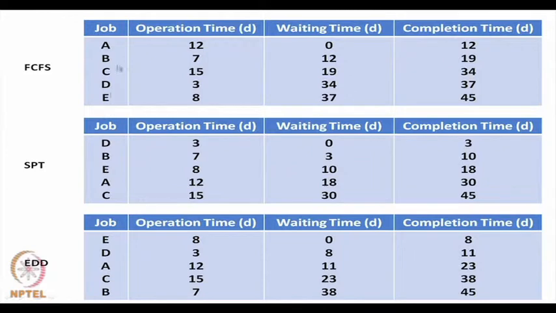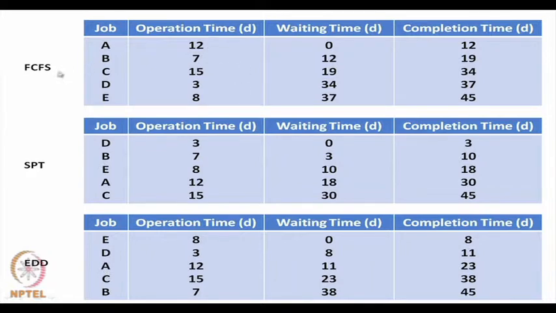This is the sequence A, B, C, D, E. For SPT, the sequence is D, B, E, A, C, and for expected due date, the sequence is E, D, A, C, B. Accordingly, the operation times are mentioned here: 12, 7, 15, 3, 8, 3, 7, 8, 12, 15, 8, 3, 12, 15, 7. They are just the corresponding operation times of the jobs, written down in sequence.